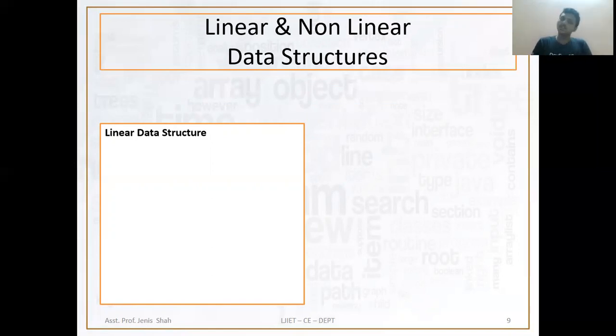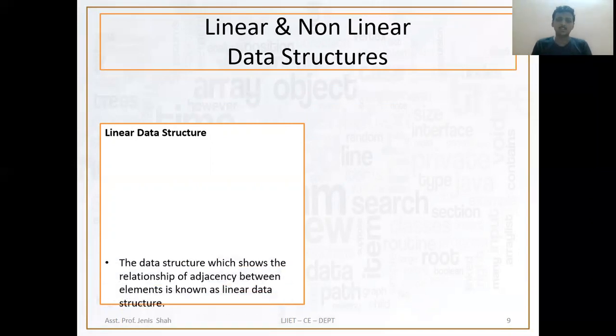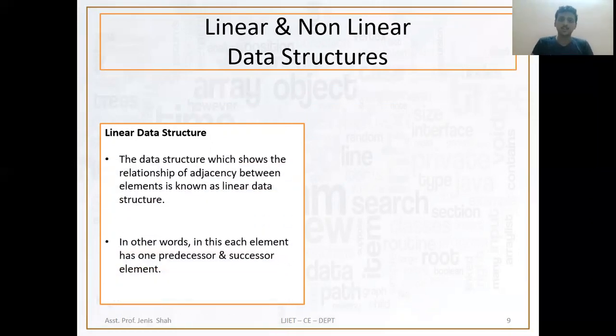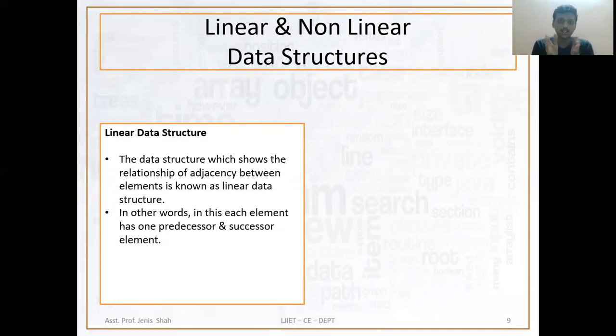Again confused: what do you mean by predecessor, what do you mean by successor, and what is the meaning of adjacency? I will show you. Consider an example with roll numbers 1, 2, and 3.